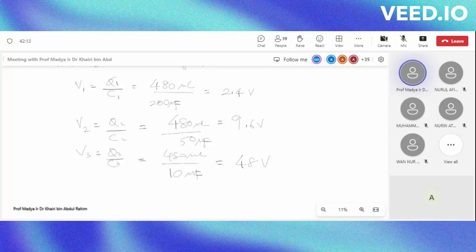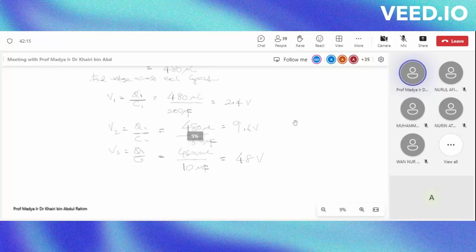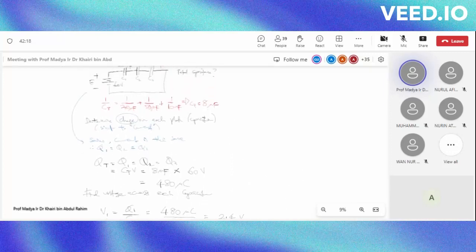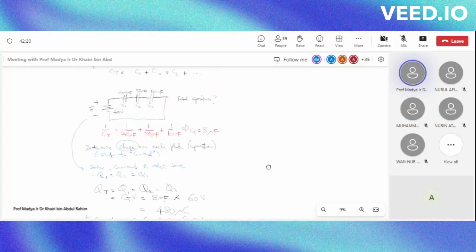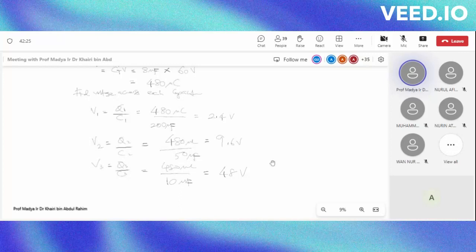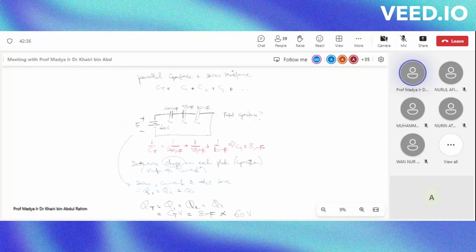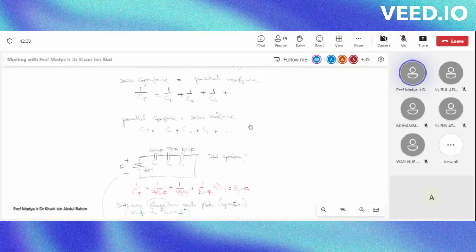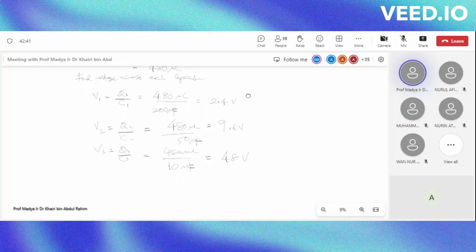So if I can just, probably I do this one, I just highlight it, okay? Series capacitance. So this is series.